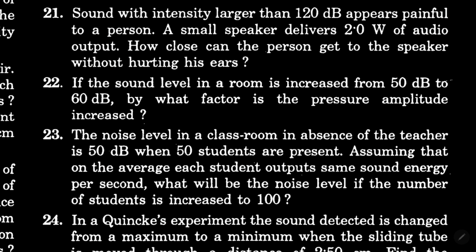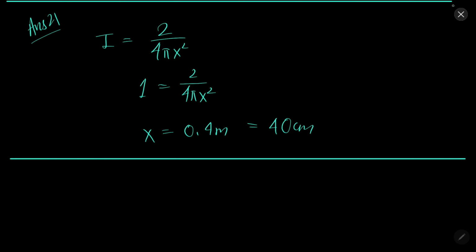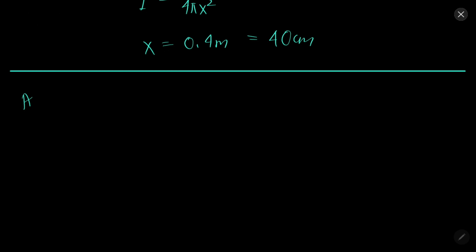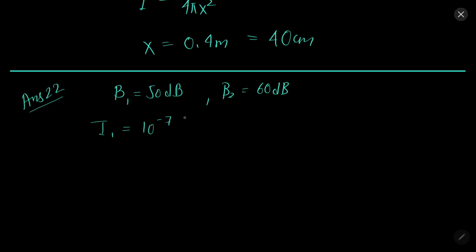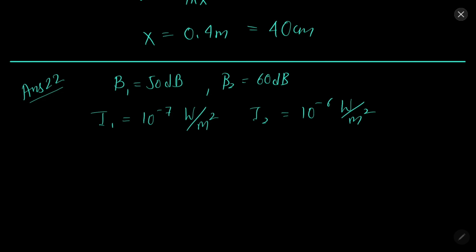In question 22, we have sound level in a room which is increased from 50 to 60 dB. By what factor is the pressure amplitude increased? Solution 22. So beta 1 is 50 dB, beta 2 is 60 dB. Intensity I1 is this, I2 is this.